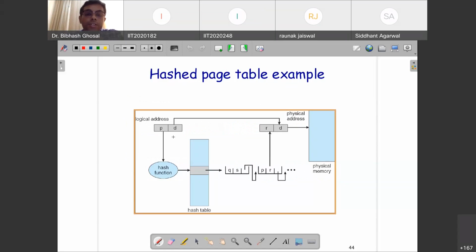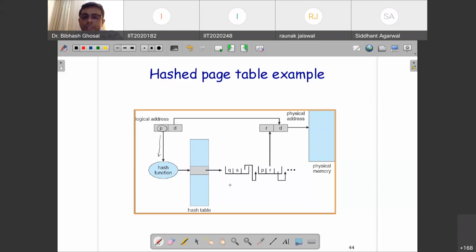You have the logical address, which gives you the page number, and there is a function that operates on this page number. It is not a simple page table. You call it a hash page table because when you apply the hashing function on the page number, it takes you to an entry, and this entry is a linked list.